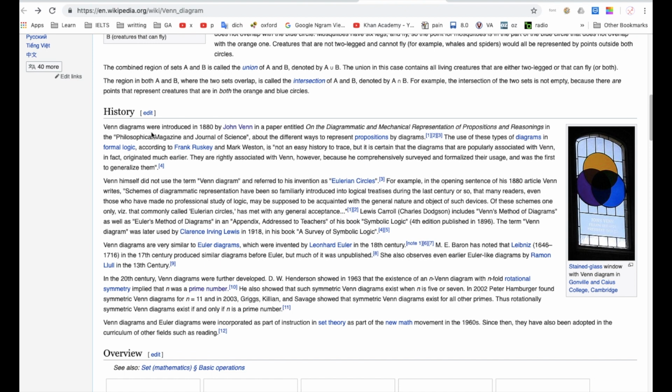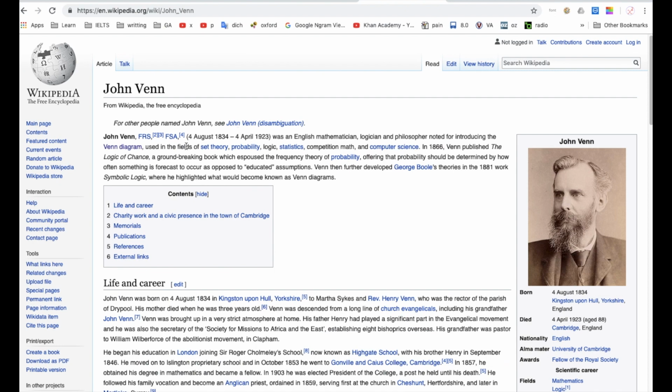Venn diagrams were introduced in 1880 by John Venn, born 4 August 1834 and died 4 April 1923.